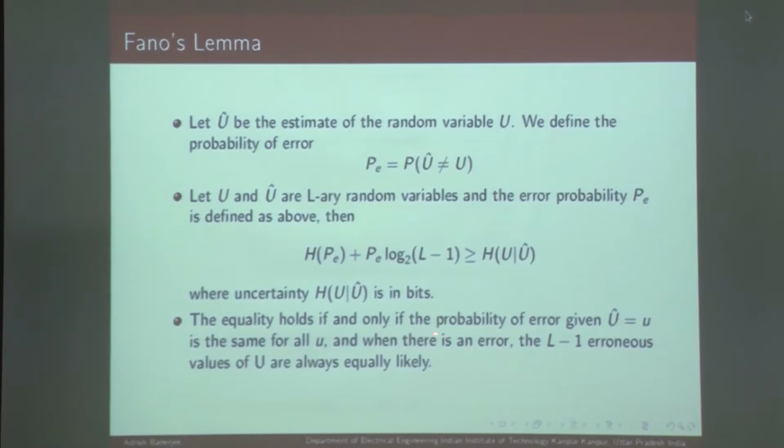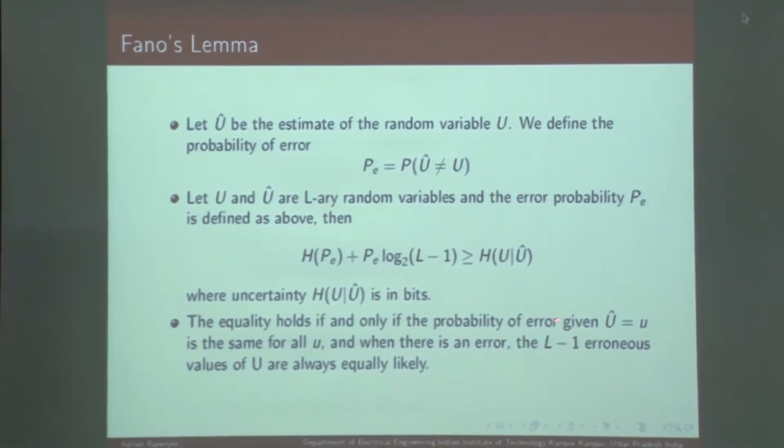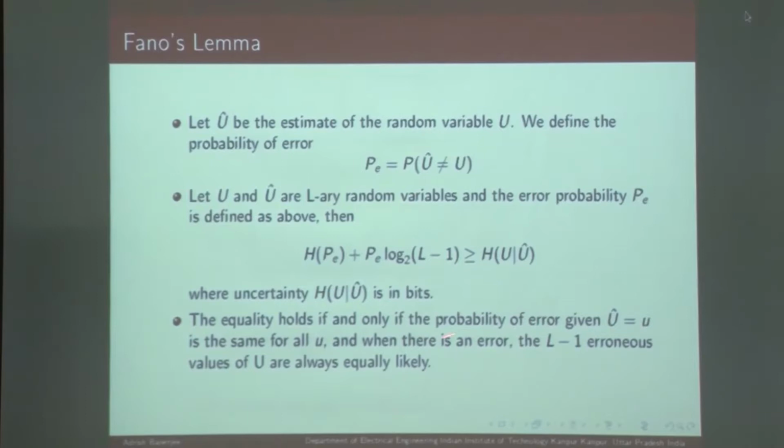The first condition is, if the probability of error given U hat is U is the same for all U, and if there is an error, all L minus 1 erroneous values of U are equally likely to happen. When these two conditions are met, this is an equality. Okay. So, let us first prove this result, and then we will revisit and see where we have put inequality signs and when those inequality signs are satisfied with equality.